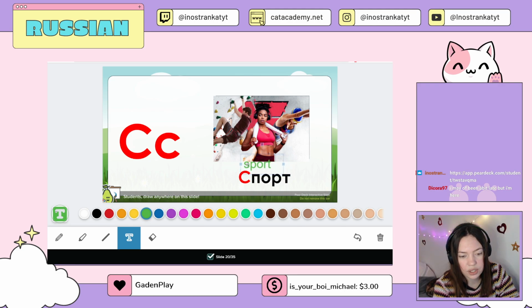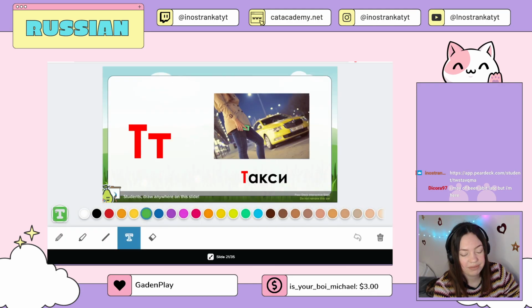And the first one is S, P, O. Okay, next one is here, R, T. Sport. So in today's lesson we're just trying to figure out the alphabet and trying to compare the English letters to Russian to figure out that actually not so many are different. Some are exactly the same.